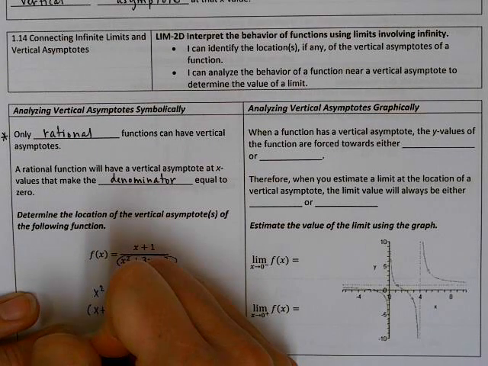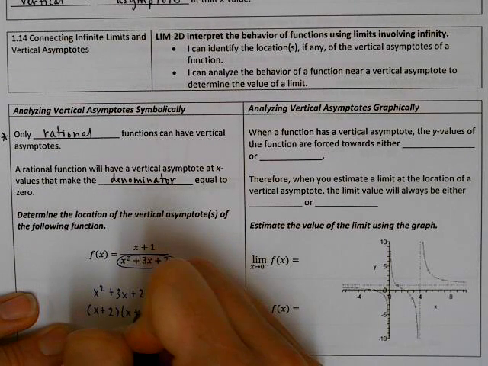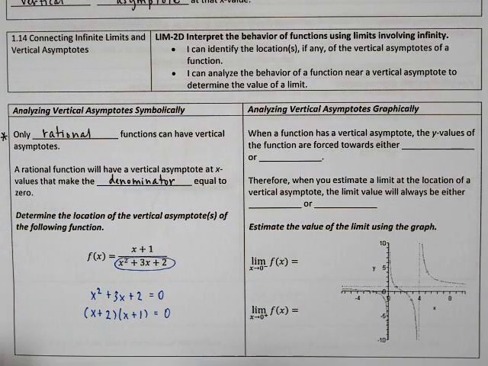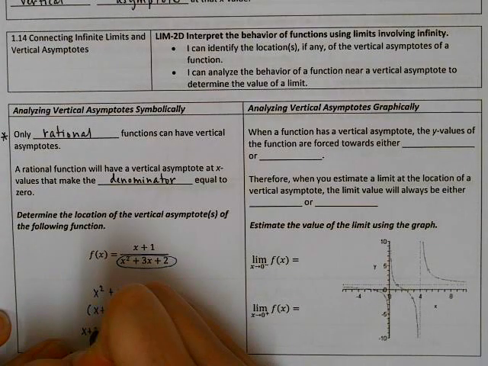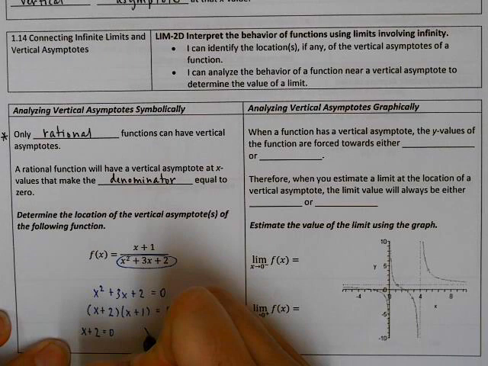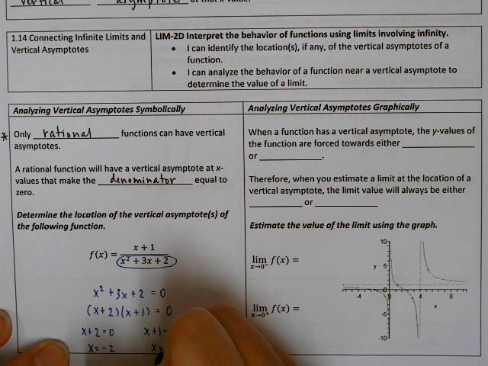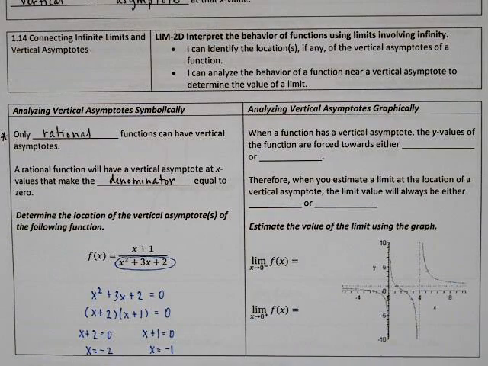This one looks like it factors nicely into x plus 2 times x plus 1 is equal to 0. So that means x plus 2 equals 0 or x plus 1 equals 0. So I have vertical asymptotes at x equals negative 2 and x equals negative 1. So again, we find those just by setting that denominator equal to 0.